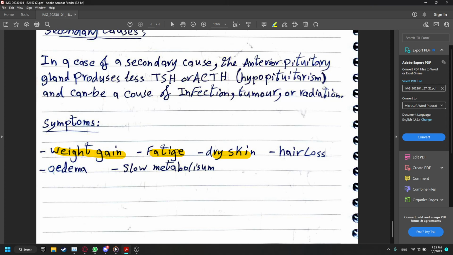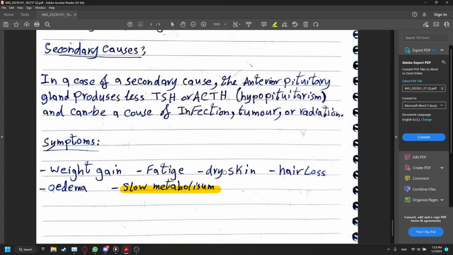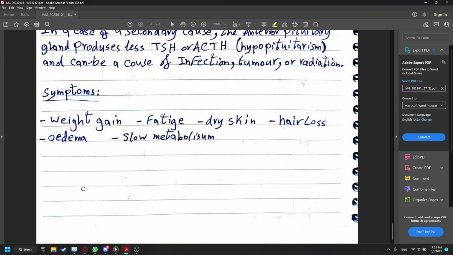Slow metabolism, I already explained why. But why weight gain? Remember that thyroid hormones are important for the metabolism of the body. The more thyroid hormone you have, the more metabolism, and the more metabolism, the less glucose in your body.